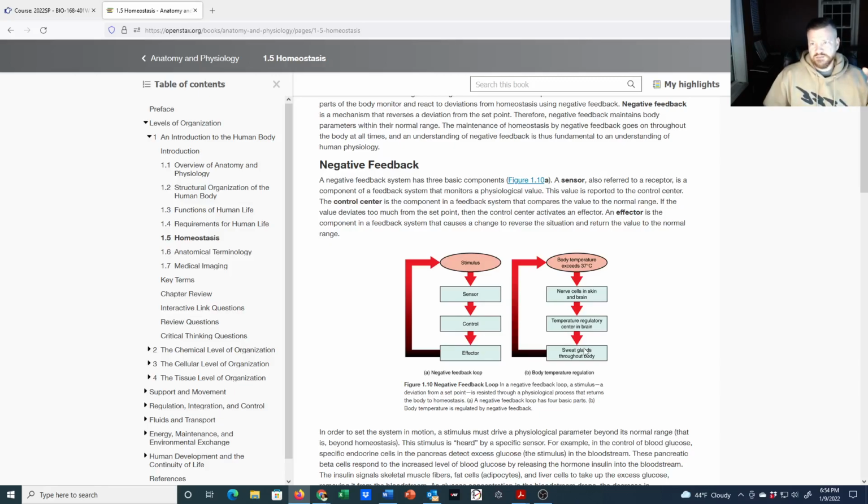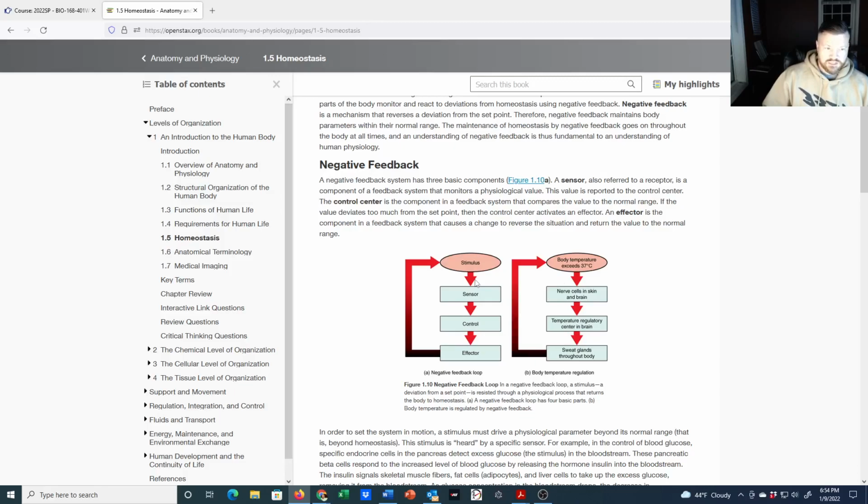So that's a negative feedback. Your body gets too hot, you start to sweat, the sweat evaporates, and it cools your body down, right? As you get too cold, then what happens? Well, you start to shiver. And as you shiver, your muscles release heat, and that helps to bring your body temperature back up. Right? And so those are negative feedback mechanisms.